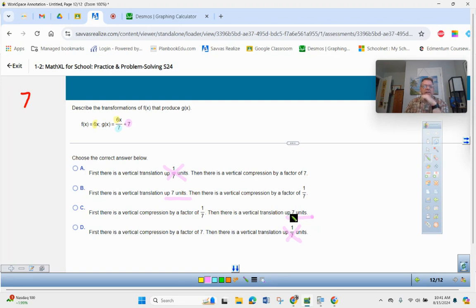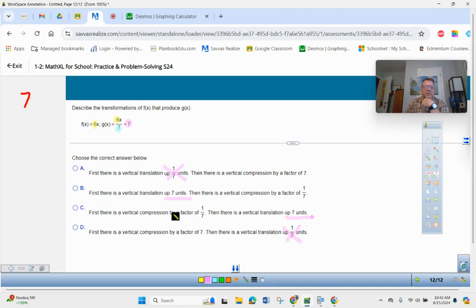So if I take something and times 1/7, is that going to be a vertical compression by a factor of 1/7? First, there's a vertical translation of up 7 units. There's a vertical compression by a factor of 1/7.